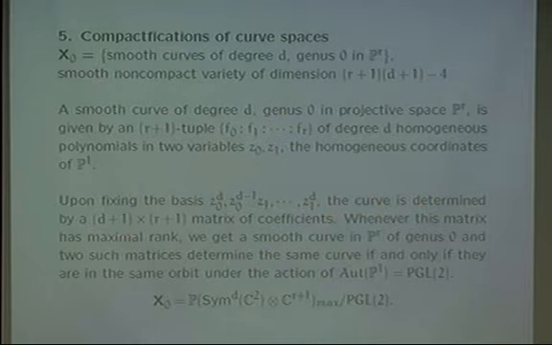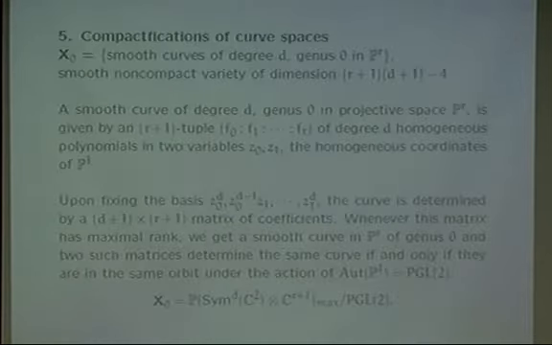And if this matrix has maximal rank, you get a smooth genus 0 curve. So you can see that this space is a quotient of a smooth manifold by a free group action. That's how we can see that this is a non-compact smooth variety of the expected dimension.